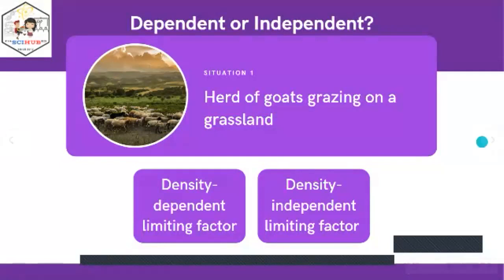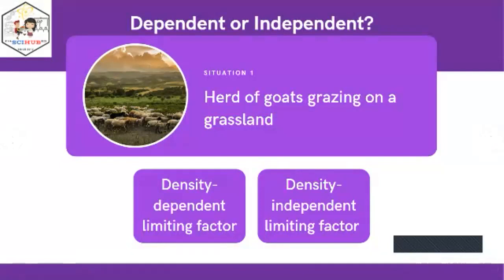And now we will go to the second part of our problem set. This is the dependent or independent. So pipili lang kayo kung ang situation na ibibigay natin ay dependent or independent limiting factor. So madali lamang to, sapagkat again, tandaan natin before we answer, dependent, nakadepende sa population density, and these are the biological processes such as parasites, competition, and other factors na merong biological processes.